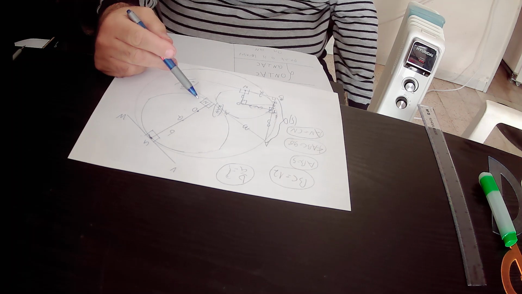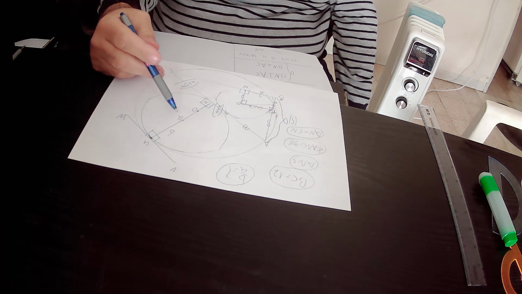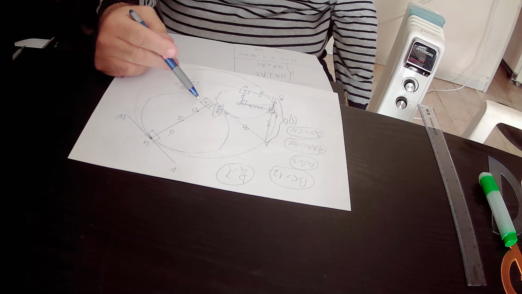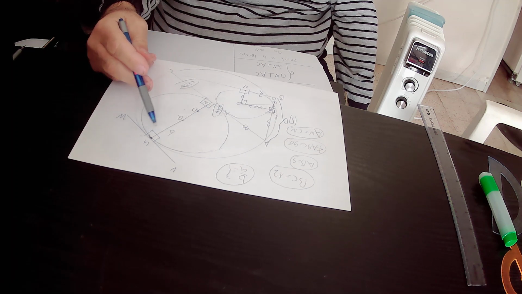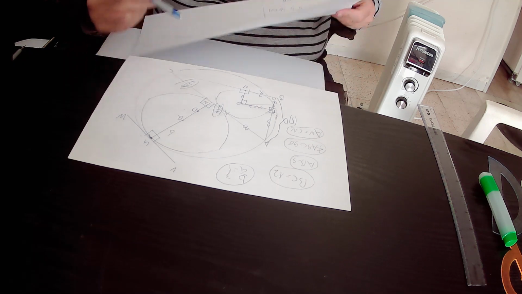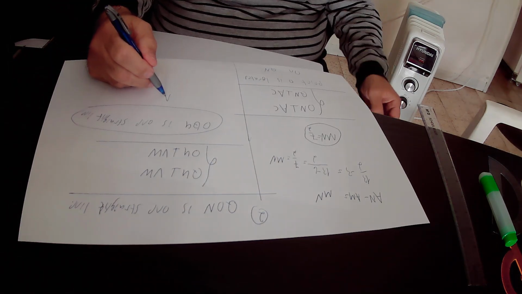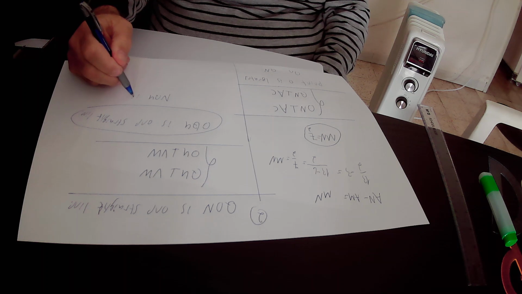And from those two statements, we derive that NQU is one straight line. Because of the fact that QON is one straight line and OQU is also one straight line, we derive from it that NQU is one straight line. I say that NQU is one straight line.